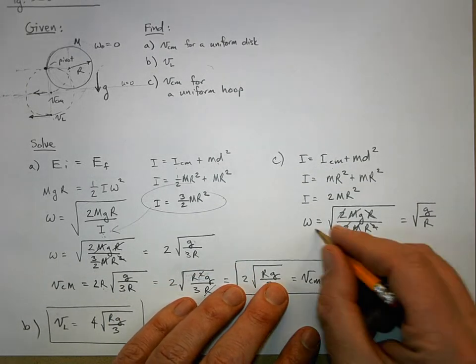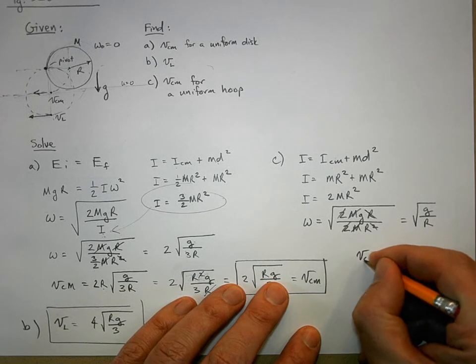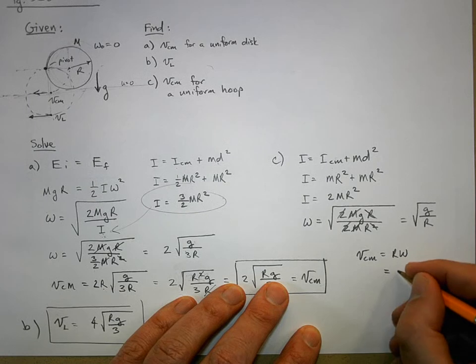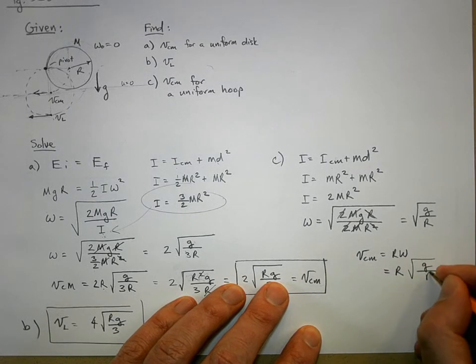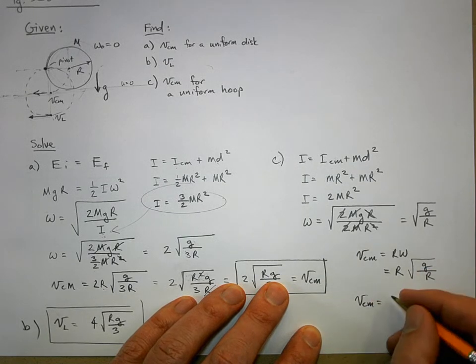Now we multiply that by r, so the velocity of the center of mass is going to be r omega. So that's going to be r times the square root of g over r. And again, we'll do the same trick we did before. We'll place that r in the radical.